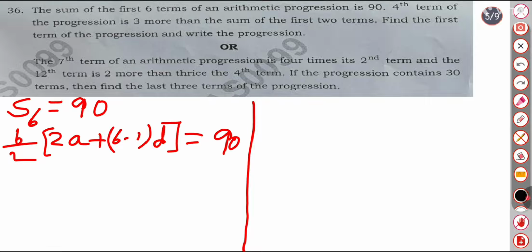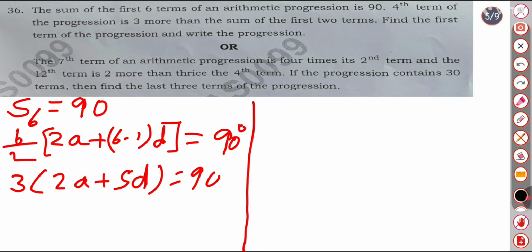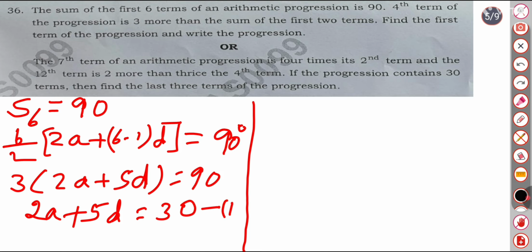Now 6 by 2 is 3, into 2a plus 5d is equal to 90. If you take 3 that side, 2a plus 5d is equal to 30. This is equation number 1.